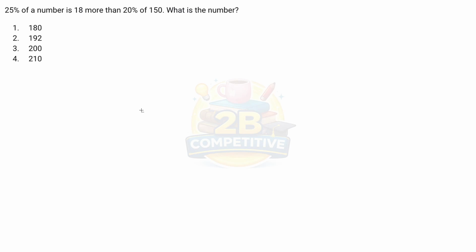So the first question is telling us that 25% of a number is 80 more than 20% of 150. So in this case, 25% of a number is more than 20% of 150, that is equal to 18.